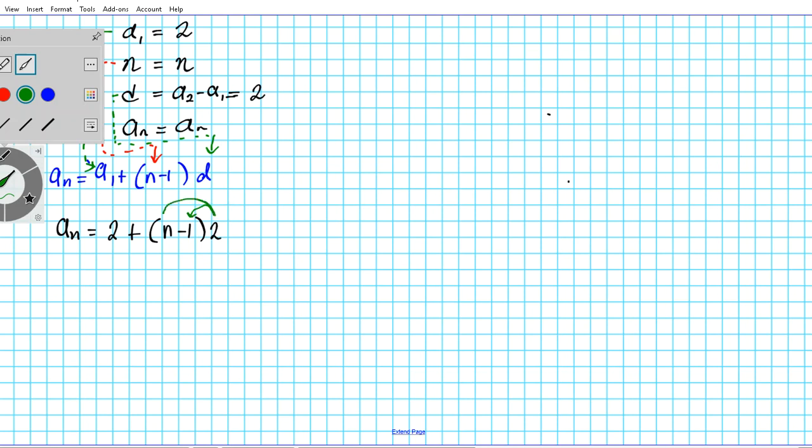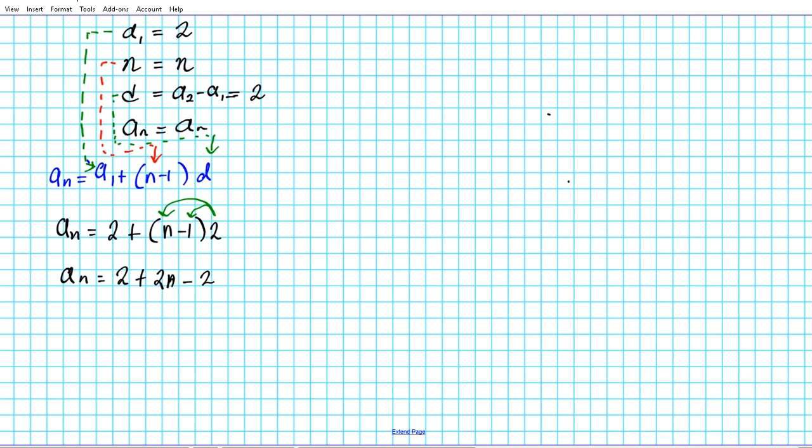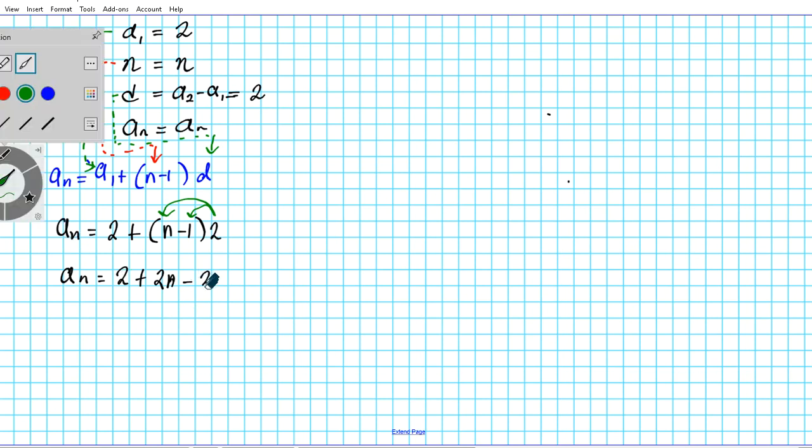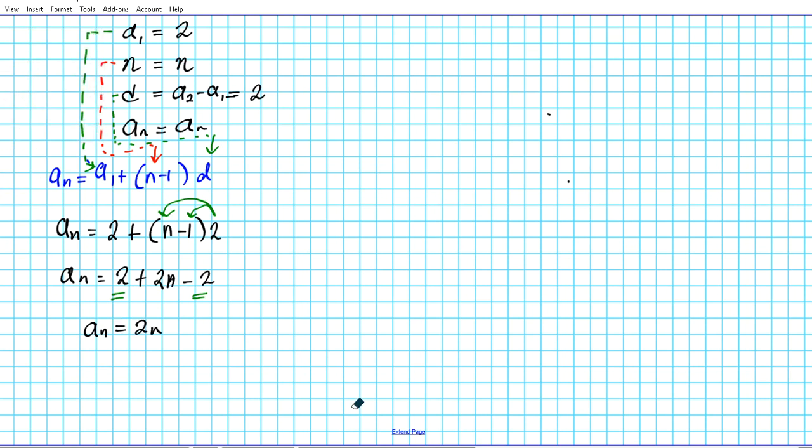When we carry out the distribution, we have an equals 2 plus 2n minus 2. Are there like terms that can be combined? Absolutely. Negative 2 and positive 2 are constants, so they can be combined. When you combine positive 2 and negative 2, you end up with 0. And our final answer, the equation, is an equals 2n.